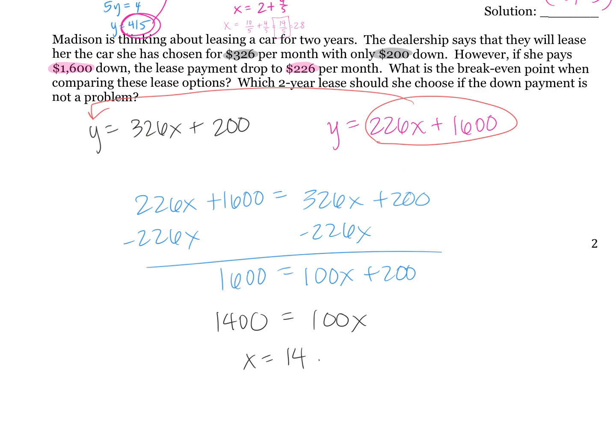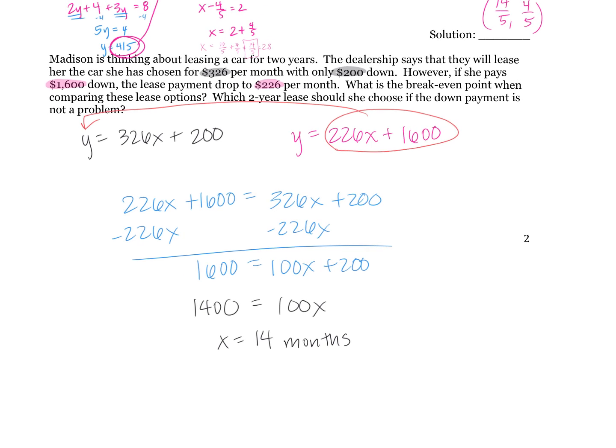So in 14 months, can we figure out how much she will have paid on each loan? Can I just substitute that in? By plugging in 14 for x in either equation, you guys, 326 times 14 plus 200 is going to get me 4,700 something. Does that sound right?